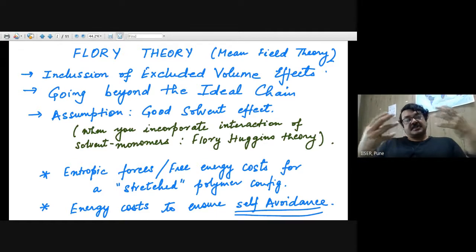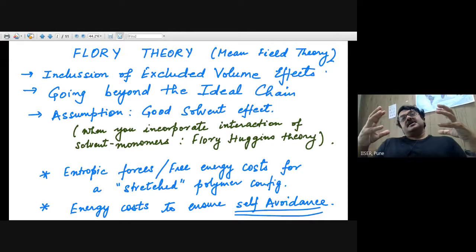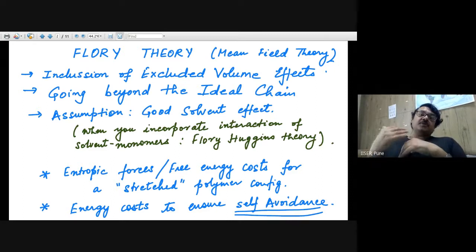because if two monomers cannot sit on top of each other, or there are excluded volume effects, then the corresponding language would be a self-avoiding random walk, and the consequence will be that the polymer as a whole will be in a slightly more stretched configuration compared to what is allowed by an ideal random walk.